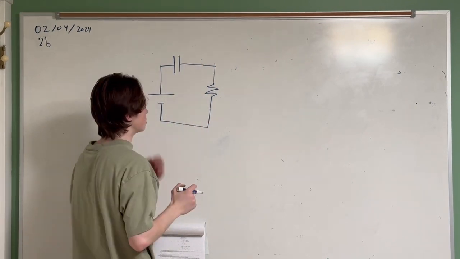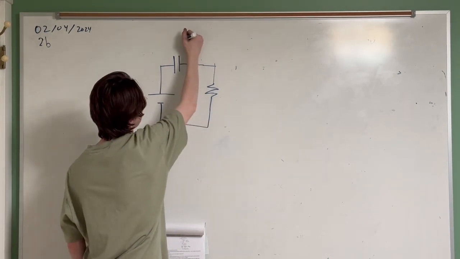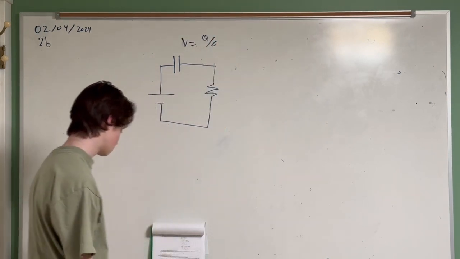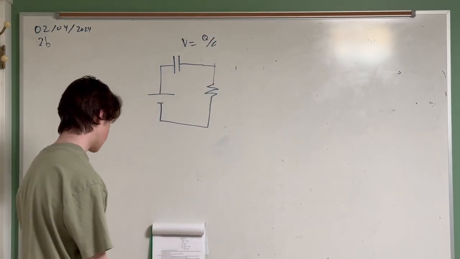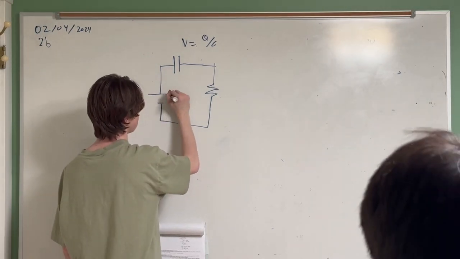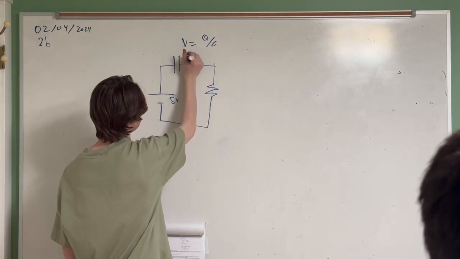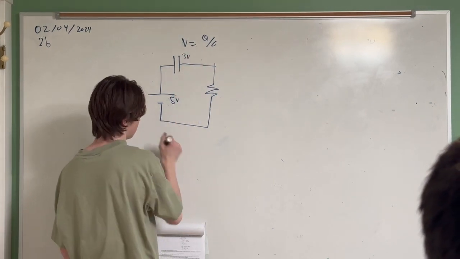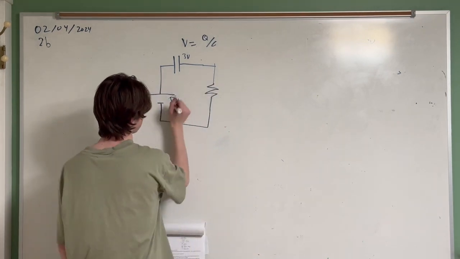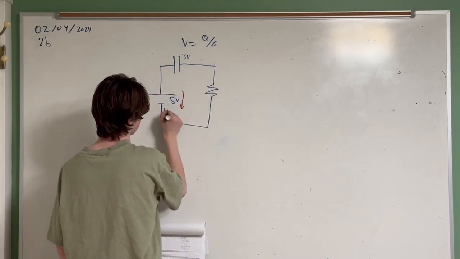We're not going to use the whole definition, but voltage is equal to Q over capacitance, the charge divided by the capacitance. So maybe we had 5 volts here, and maybe we had 3 volts here, going in the direction of the circuit.